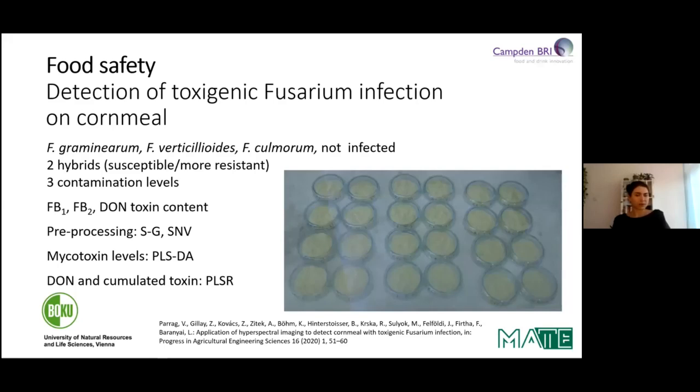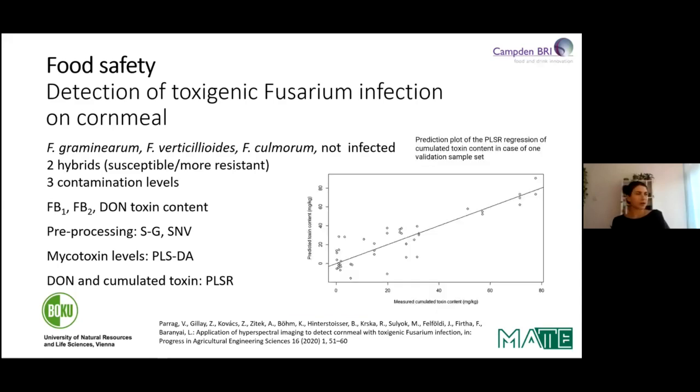On the spectra, Savitzky-Golay smoothing and standard normal variate method were carried out, and the classification according to mycotoxin levels using partial least squares discriminant analysis showed promising results, and also the estimation of deoxynivalenol and cumulated toxin content using partial least squares regression.